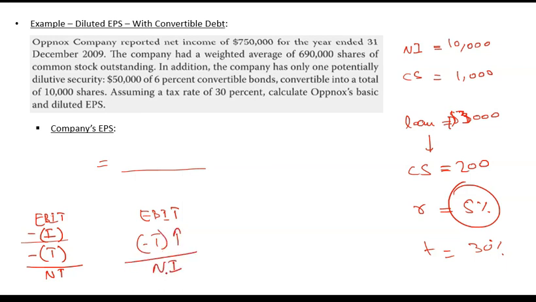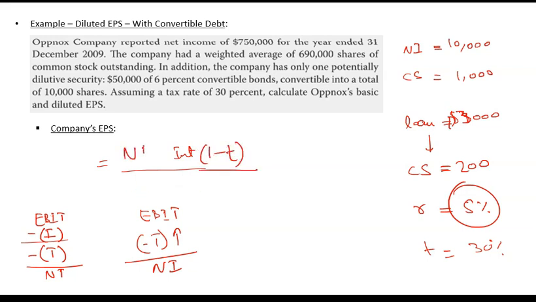And then I get my net income. So in net income, I have to make two adjustments. One is to remove the interest expense, and second is to remove the tax savings from that interest expense. That means I have to remove the after tax cost of interest, not just the interest. And how do we calculate this after tax cost of interest? It is simply interest expense multiplied by 1 minus tax rate.